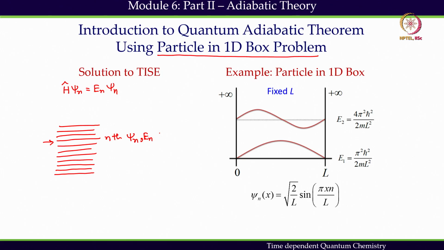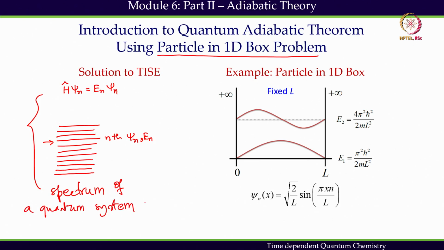That is the way we get the entire spectrum of a quantum system, obtained from the solution of the time independent Schrödinger equation.